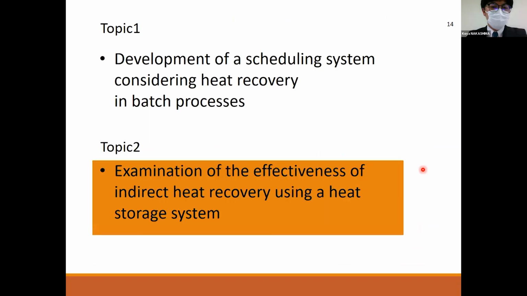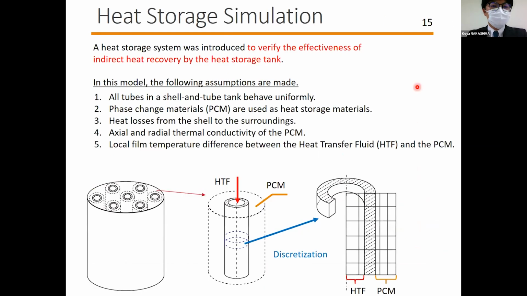From this section, I will examine the effectiveness of indirect heat recovery using heat storage. First, I will explain the heat recovery design method used in this study. A shell and tube type tank using phase change materials was used to study the heat storage system.